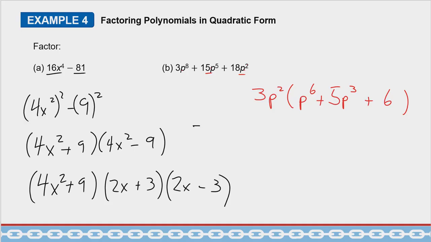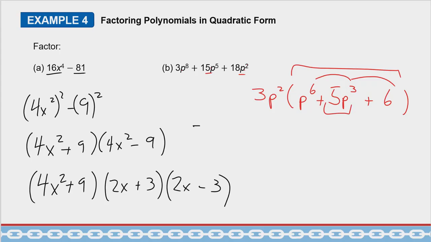So now I need to try to work on this p to the 6th plus 5p to the 3rd plus 6. And it kind of is taking on a trinomial type look because our exponents decrease by 3 from here to here, and then again from the 5p to the 3rd plus 6, we could think of that as 6p to the 0, which would be 1.